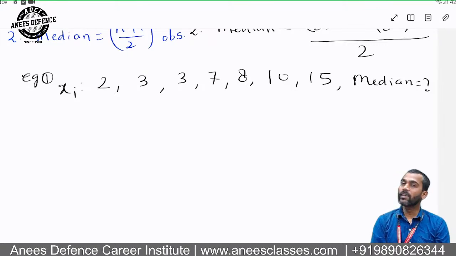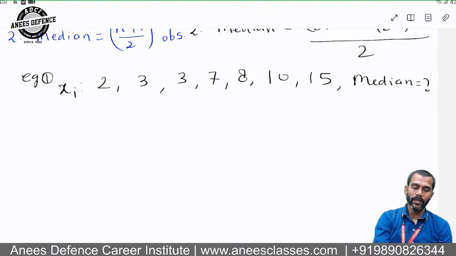I have already written in ascending order, so you don't have to arrange, right? Now count how many observations are there. That is 7. So the middle one is (n plus 1) over 2.